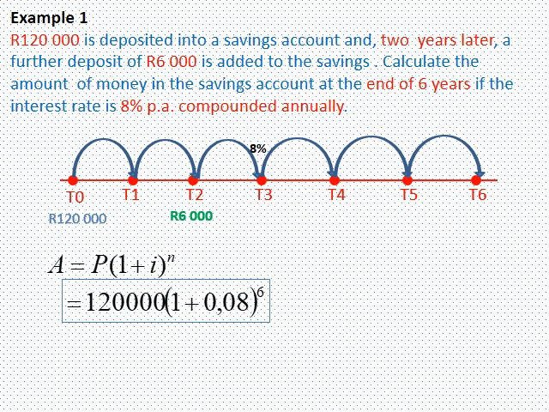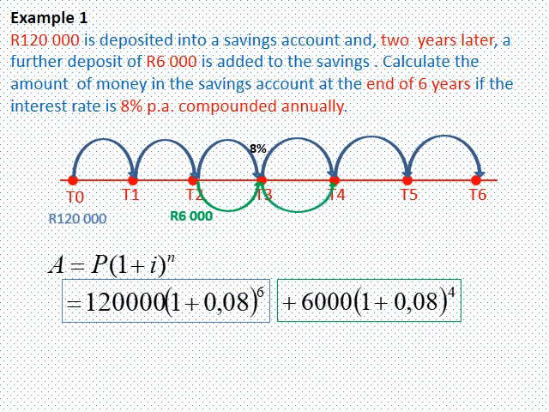However, 2 years later, we added 6,000 Rand. So let's consider 6,000 on its own. If you apply 6,000 Rand to the compound interest formula, you will see that it remained in the account for 1, 2, 3, 4 years in total.